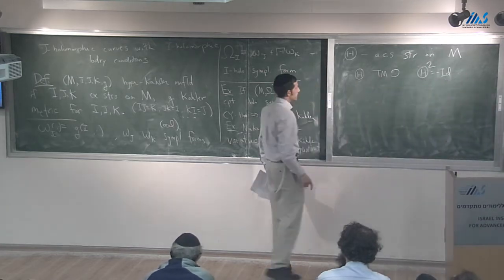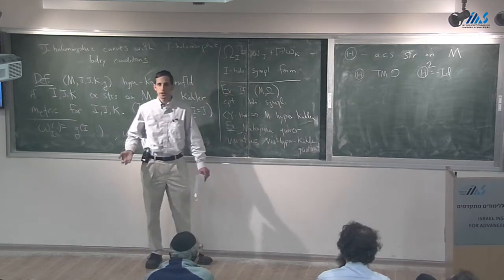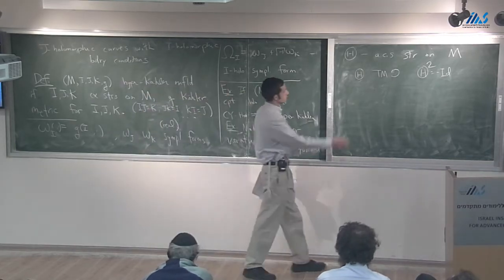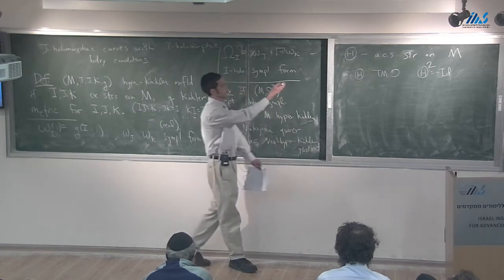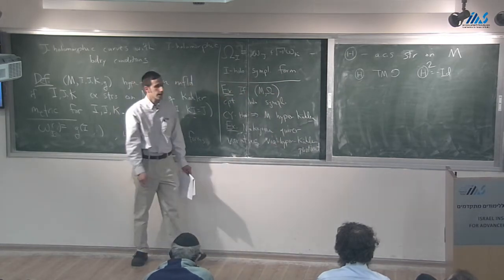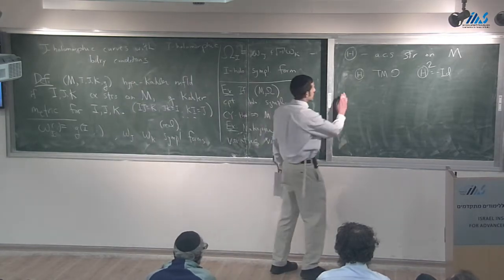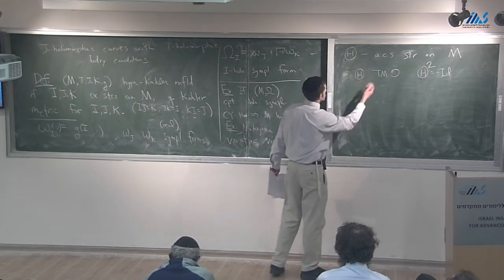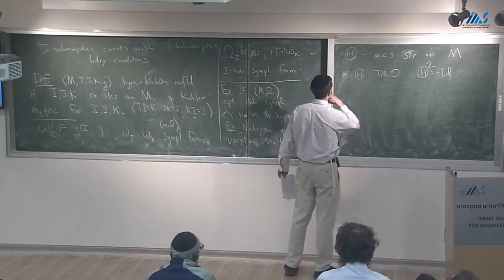And that's it. It doesn't necessarily come from a complex structure on the manifold, because you might not have coordinates that trivialize multiplication by i in some neighborhood of a point. So this is a more flexible notion.